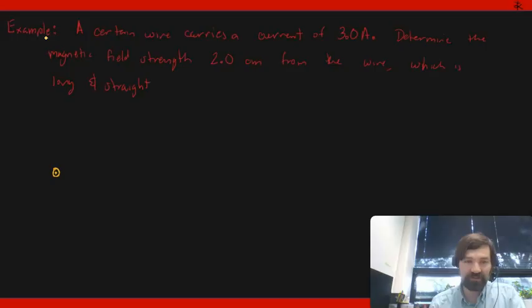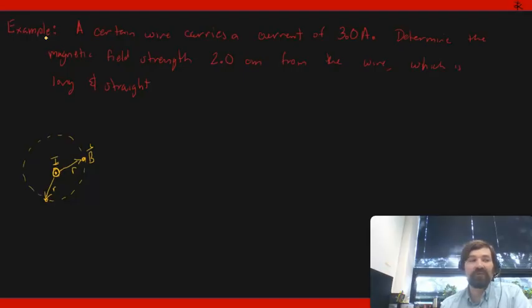So let's say that this represents the wire with some current, and out here somewhere, some distance away, anywhere on this circle of radius 2 centimeters, is the point we're trying to find the B field at. So here's B. Now you could use the Biot-Savart law if this is a long wire, essentially. You could integrate from 0 to infinity along the wire.